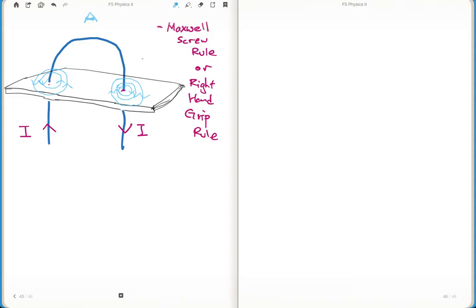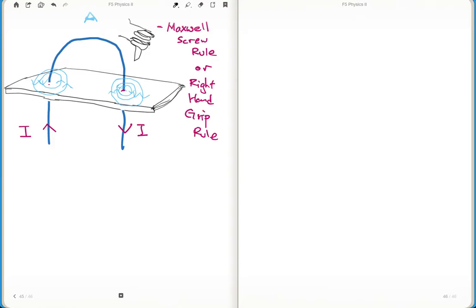I'll try to give you an illustration. Thumb down. Wow, it's really hard to draw. Then all four fingers will close: 1, 2, 3, 4. This is your hand.